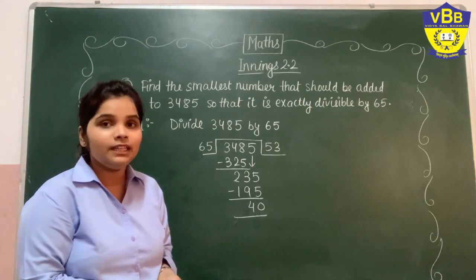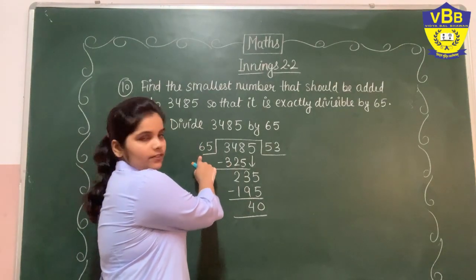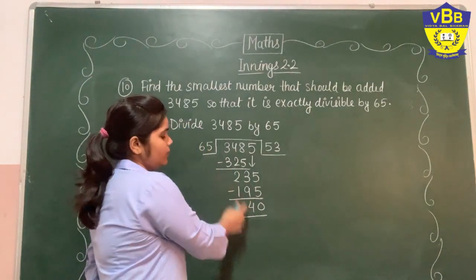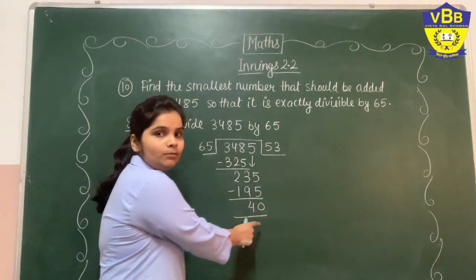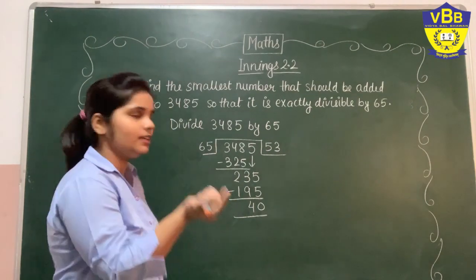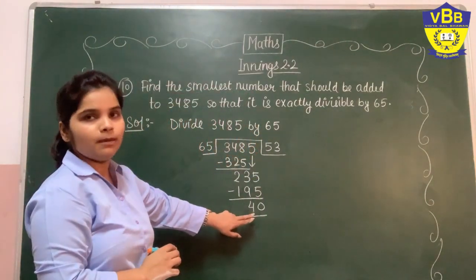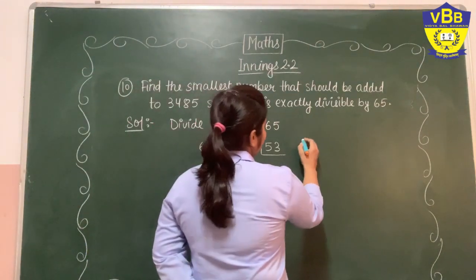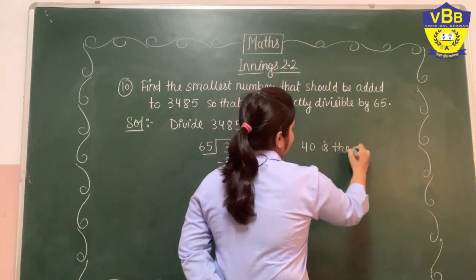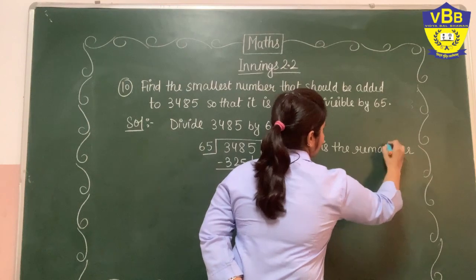So this is very clear, very simple. 40 is extra, it is not divisible by 65. You need to make this 40 divisible by 65. For that you need to add something to this 40 so that it becomes 65, and that is 25. Look, to find the number, we will find the difference. 40 is the remainder here, and that is not divisible by 65.